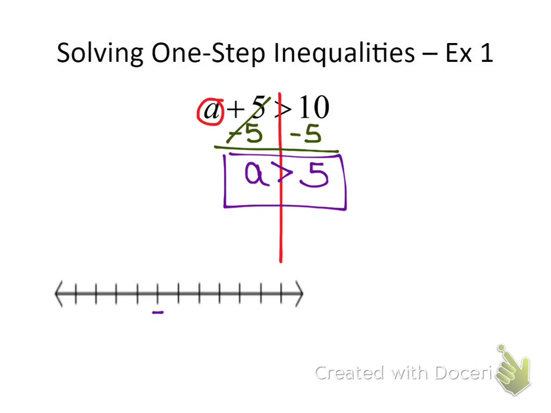I'm just going to label a 5 on here. Now which way would I draw my line? If A is greater than 5, is my line going to go to the right or to the left? It's going to go to the right, showing that A is greater than 5. I always just go the way that the smaller side of the arrow is pointing.